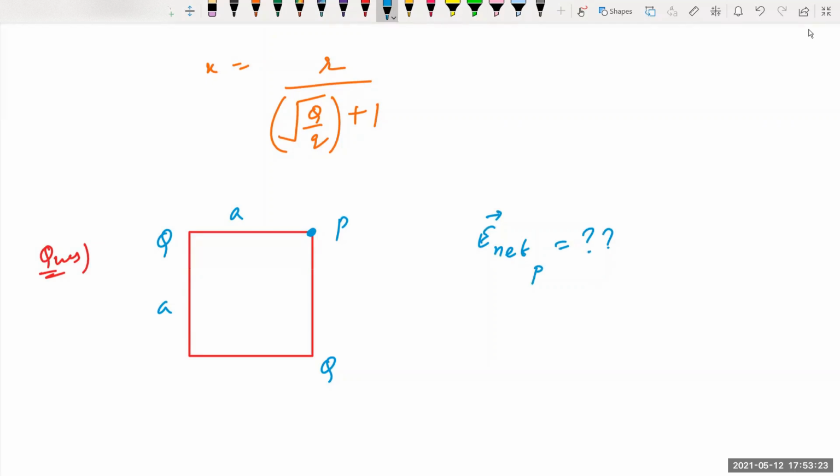It's towards the center, I think, but I don't know.